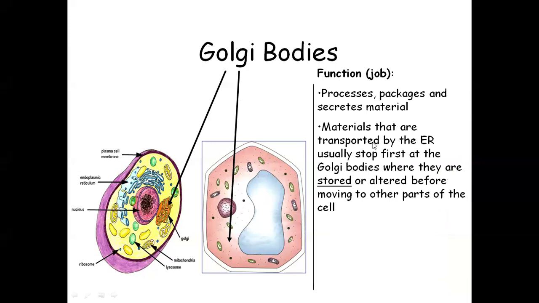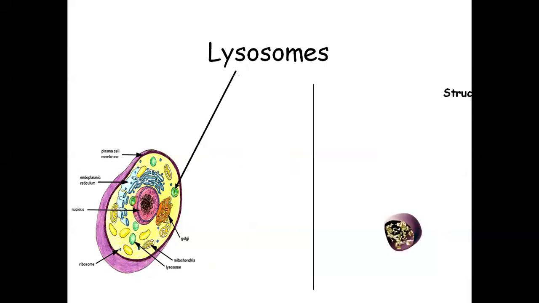Materials that are transported by the endoplasmic reticulum usually stop first at the Golgi bodies where they are stored or altered before moving to other parts of the cell. And if it needs to be transferred to other parts of the tissues, it also will be done.